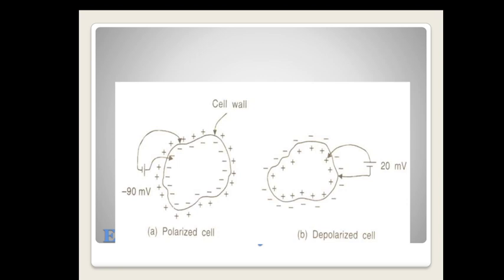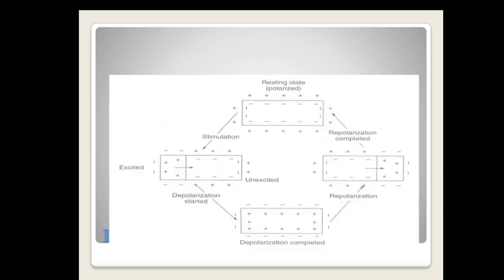It's all around -90 millivolts, -72. And depolarized is nothing but the action potential. It's typically 20 millivolts. In this, positive charge moves inside the cell membrane and negative moves towards the outside of the cell membrane.